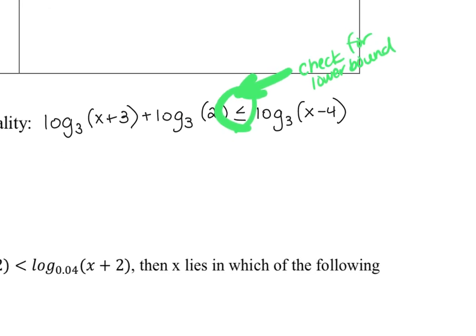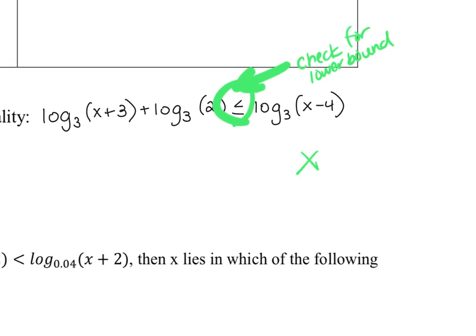If I get something like x has to be less than 10 from my work, I would also have to go back through here and say that this has to be greater than 0, this has to be greater than 0, and this has to be greater than 0, which in this case means x has to be greater than 4. And then you'd have to restrict it the other way. So I would have to say x has to be greater than 4 but less than 10, for example.